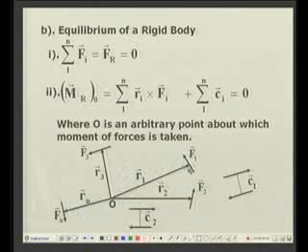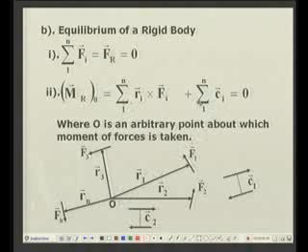So, the moment of the force F1 about O is R1 crossed with F1. Similarly, for F2, R2 crossed with F2, etc., up to Rn crossed with Fn. So the first set of terms are the moments of forces about point O.